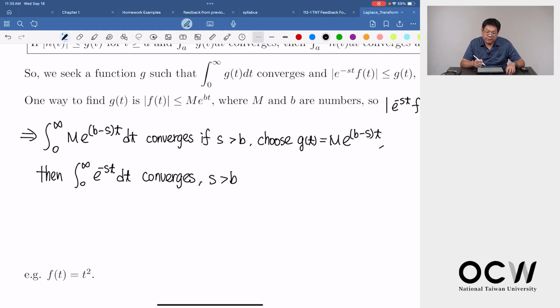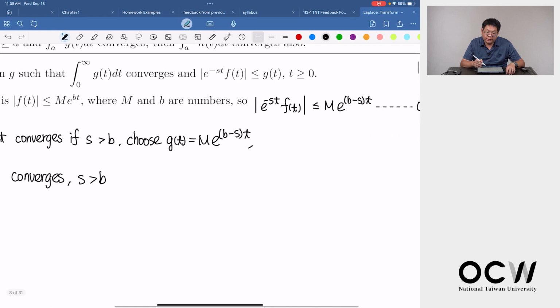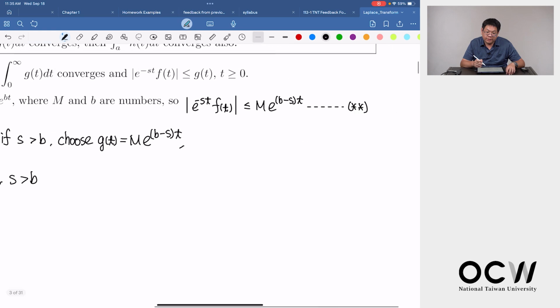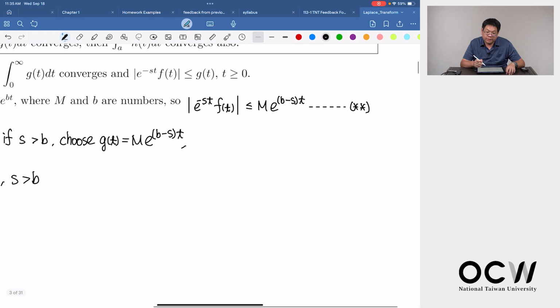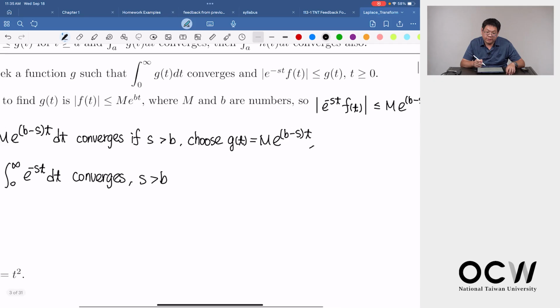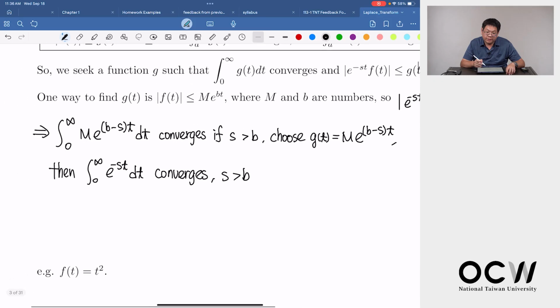If we can find M and also b, those two numbers satisfying this double star equation, then this integration converges.